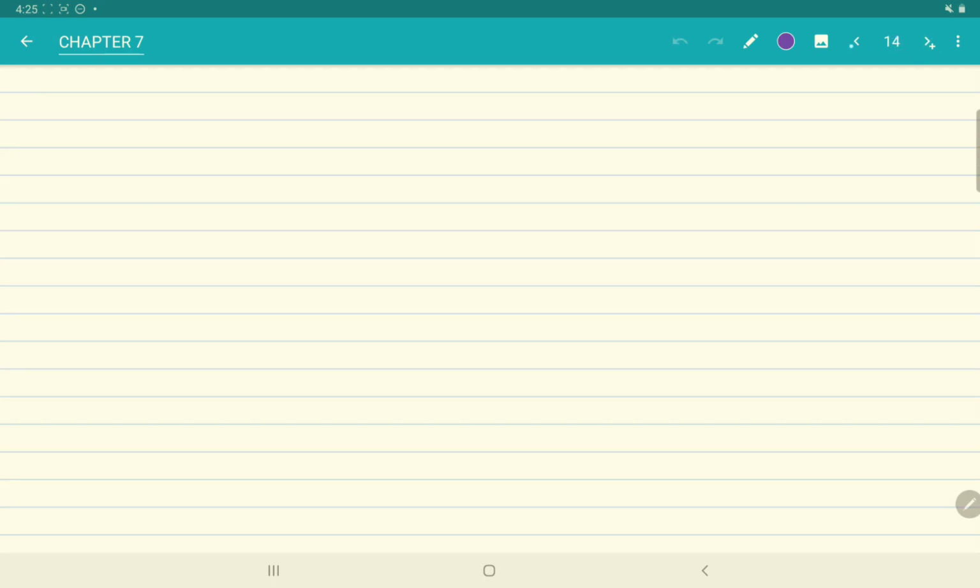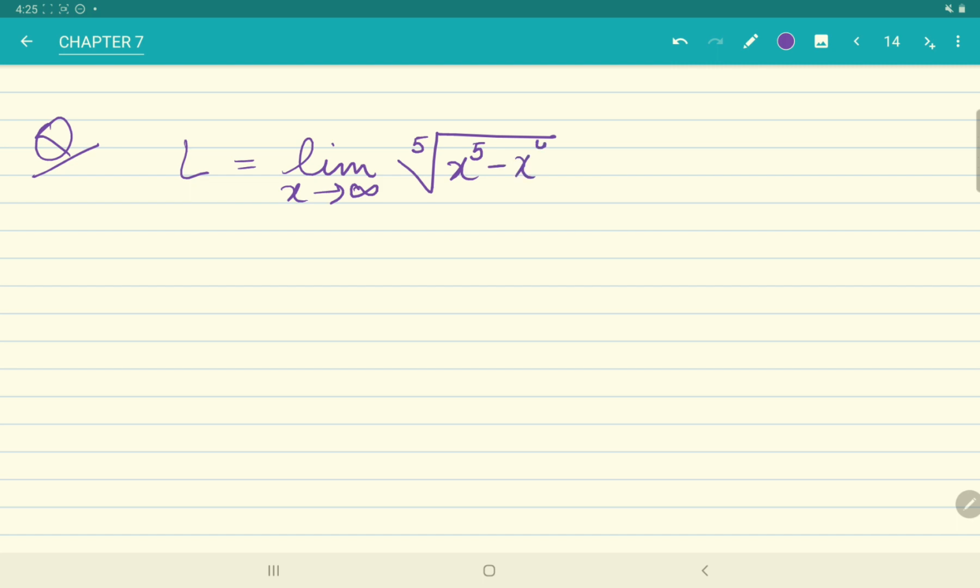Let's understand these extensions with the help of a question. Let's suppose we have to find this limit L, which is limit x tending to infinity of the fifth root of x raised to the power 5 minus x raised to the power 4, minus x.